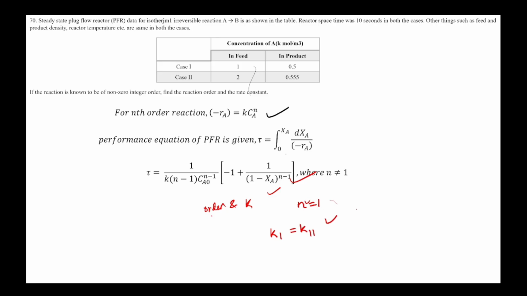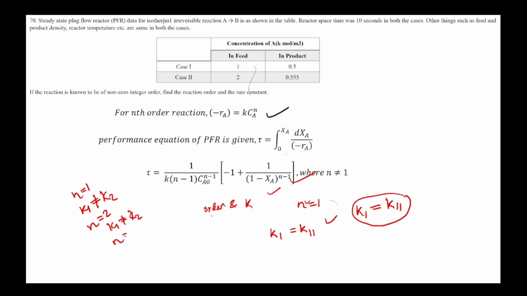When k in case 1 equals k in case 2, that will be our order. For first order, if you put n equal to 1, k1 will not be equal to k2. For n equal to 2 as well, k1 will not be equal to k2.